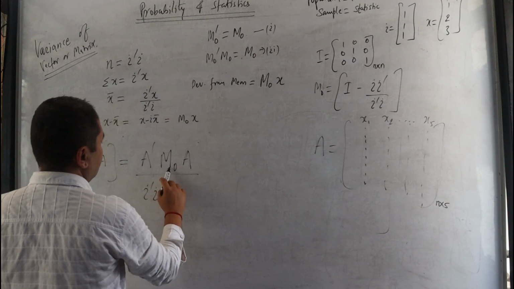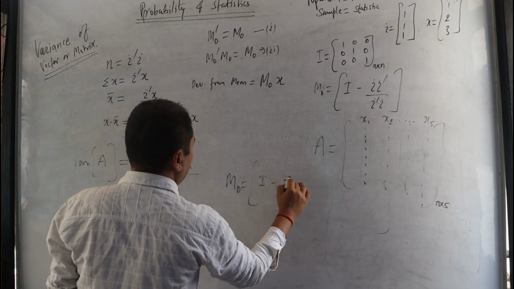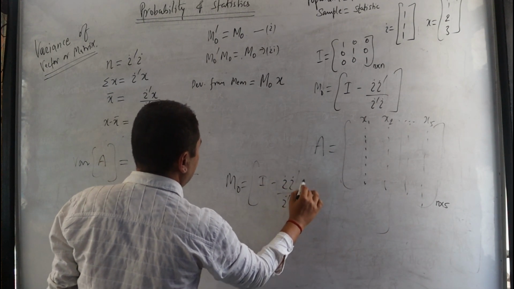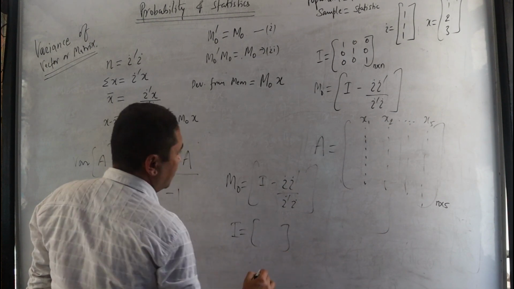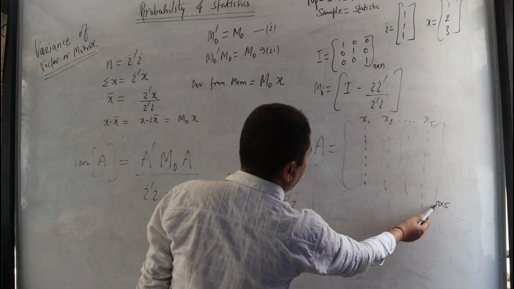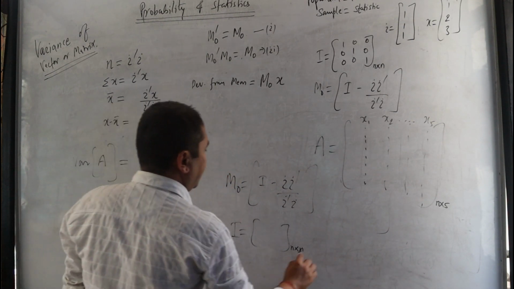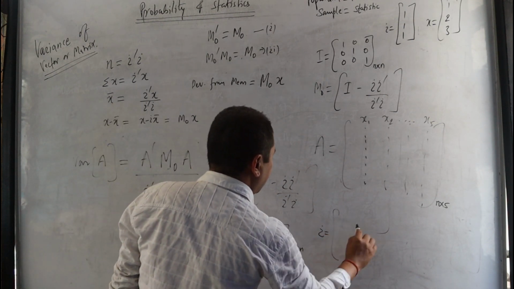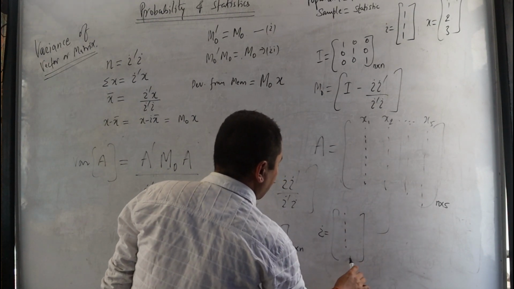So how do we construct M0 in this case? M0 equals I minus i transpose i, where I is an identity matrix of order n into n if we have n observations, and our vector i contains n ones as elements.